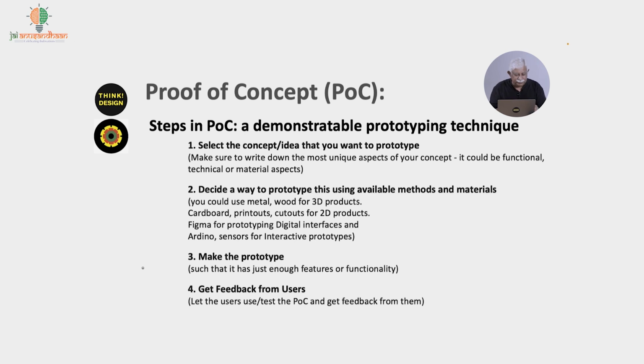If you look at the steps in it, you need to select again the concept you want to prototype and try it out as a POC version, and you can again use multiple methods to make the POC, make the prototype and get feedback from the users. It is very simple, and it is very helpful to make sure whether you want to go ahead with that or try out something else.